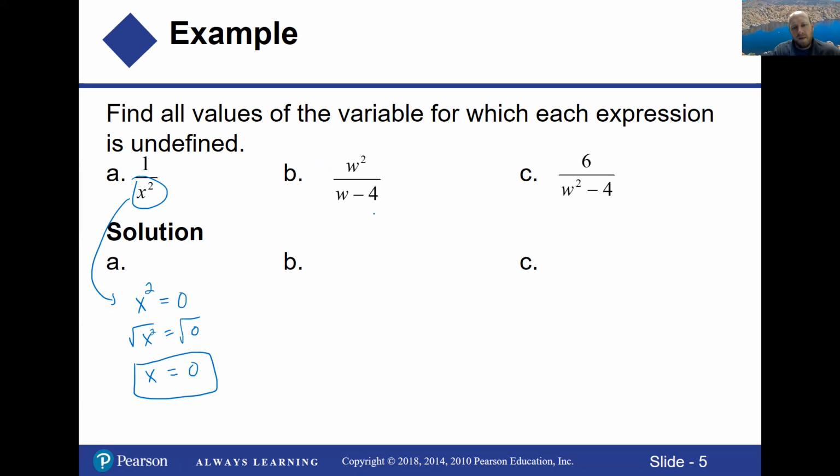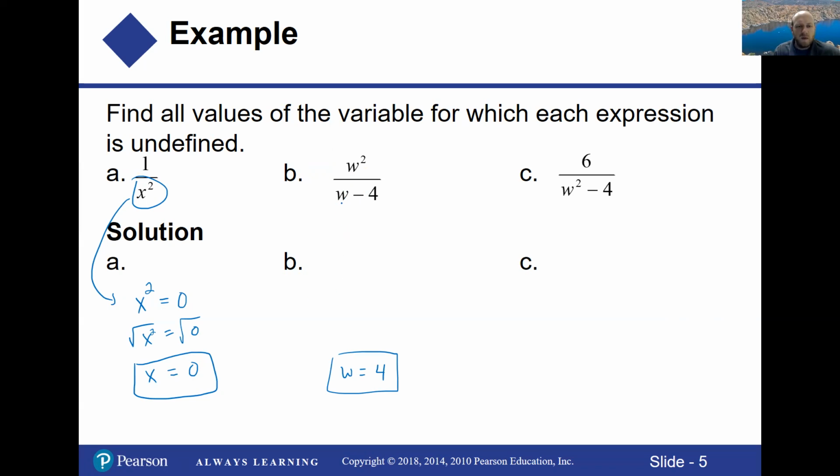Now, the next one, you can probably tell without using this method that a value of 4 for w is going to make the denominator 0. And that's exactly what your answer is going to be. Okay, we know that this rational expression is going to be undefined when w is equal to 4.